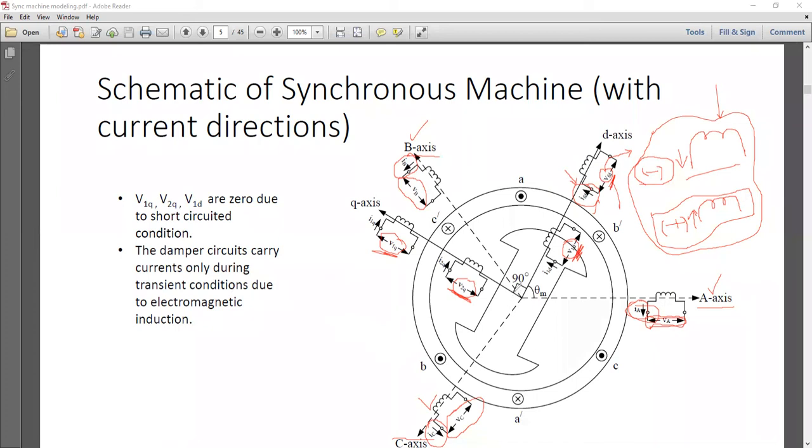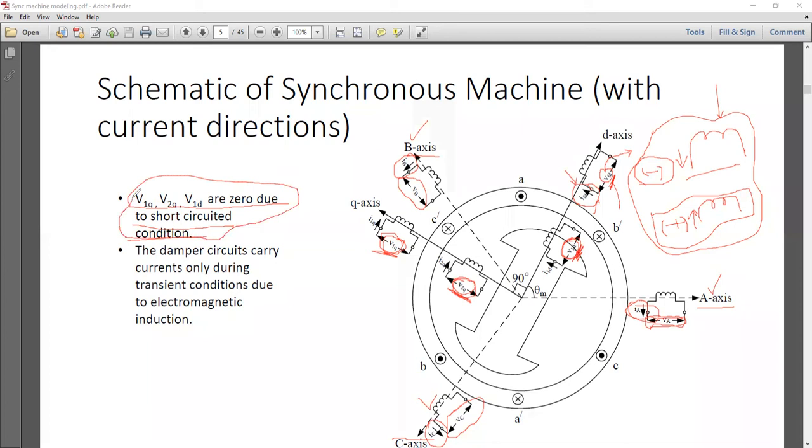They are shorted, sir. Damper coils are short circuited. So that's why V1Q, V2Q, and V1D are actually 0. Although they are being shown here, practically they will remain 0.